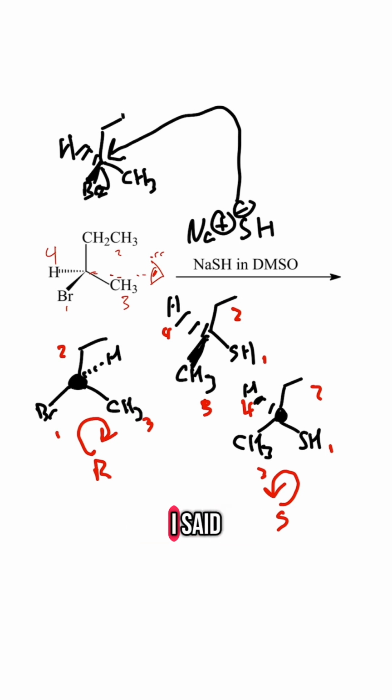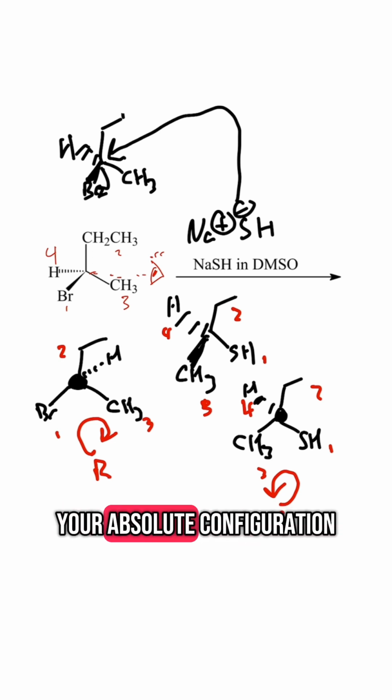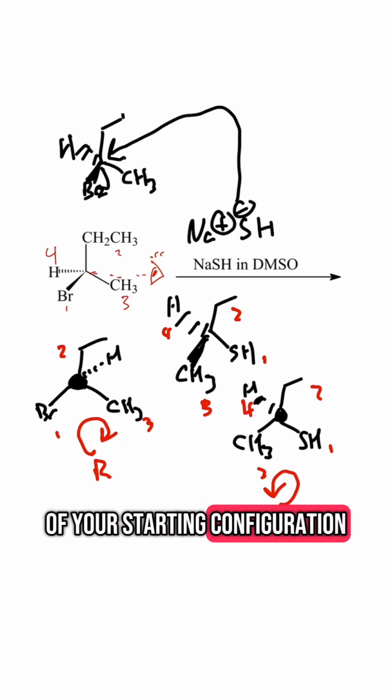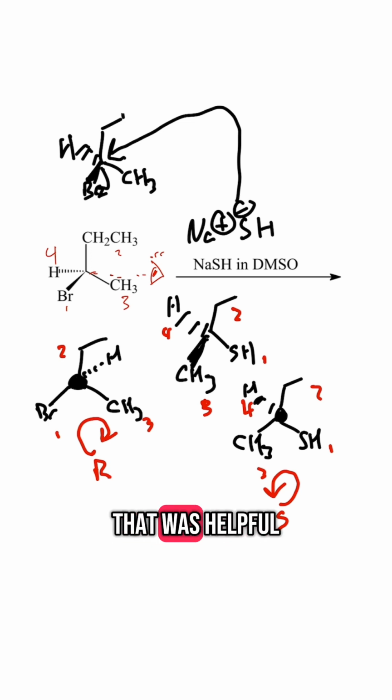And now, like I said, because SN2 leads to stereochemical inversion, that means we have drawn the correct product. So we started with our R configuration like this, and we ended up with our S configuration like this. Now there are a couple different ways you can draw it, in terms of who has a wedge, who has a dash. But the most important part is that when you draw it, make sure your absolute configuration is the opposite of your starting configuration. Okay, guys, hope that was helpful for you.